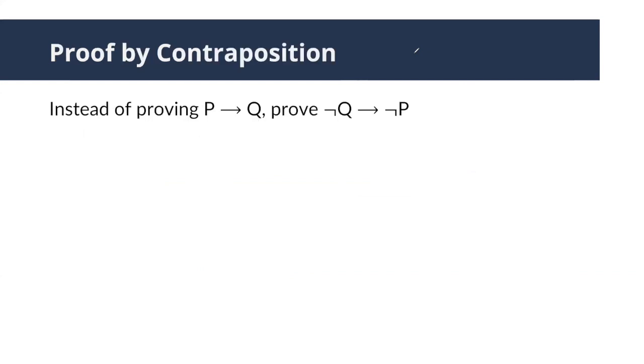The second method is proof by contraposition. Again, remember, we focus on the theorems of implication forms. Now, instead of proving P implies Q directly, we prove this implication. But why can we do that?